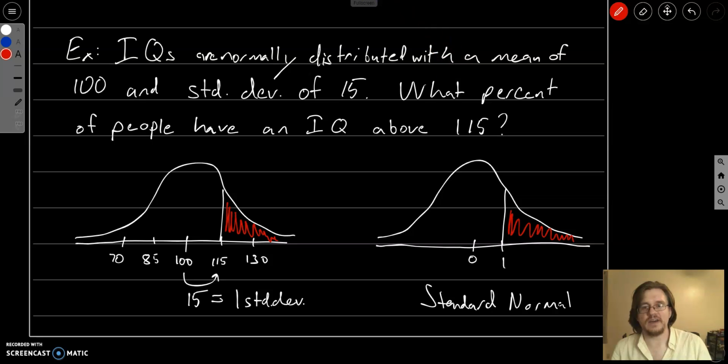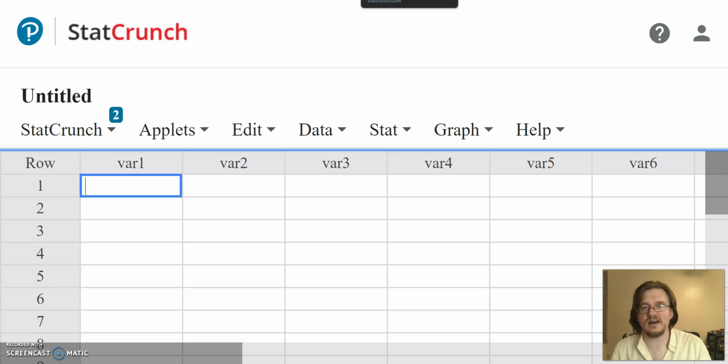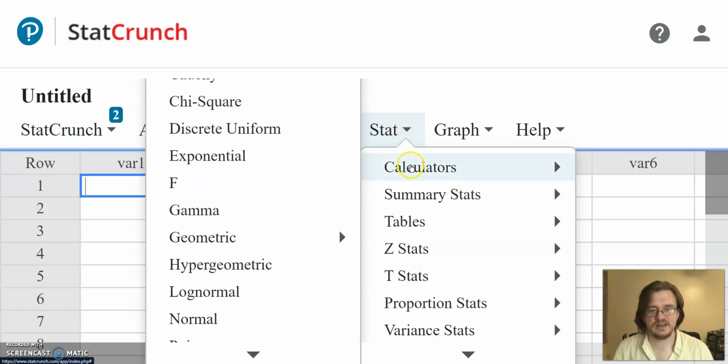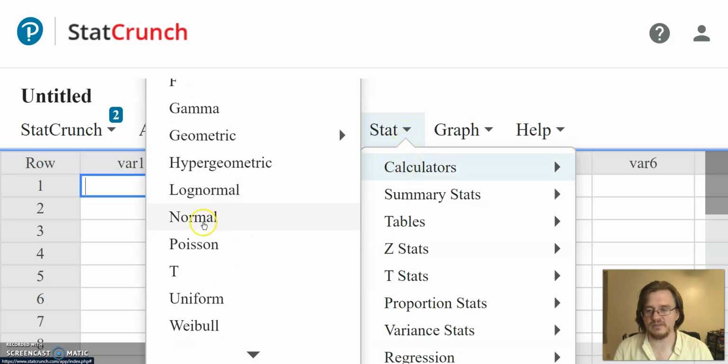So if I open up StatCrunch and find my calculator, I can find this. So I go to Stats, Calculators, and I find my normal distribution calculator.